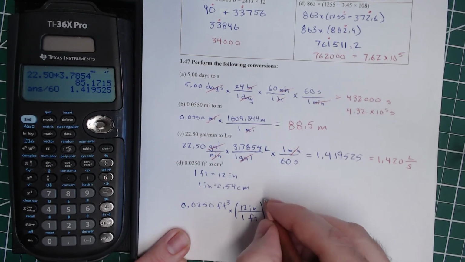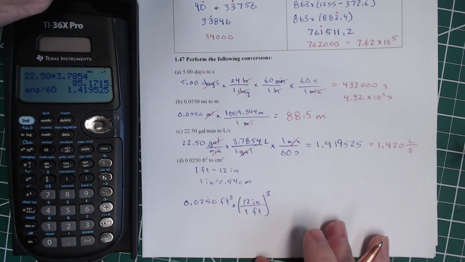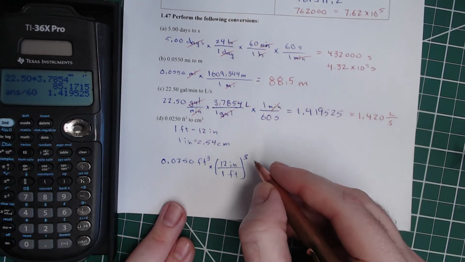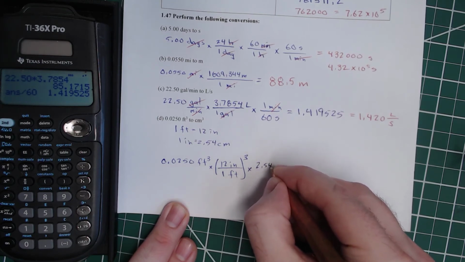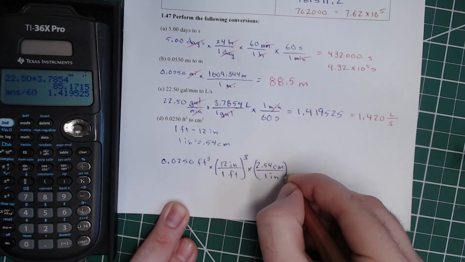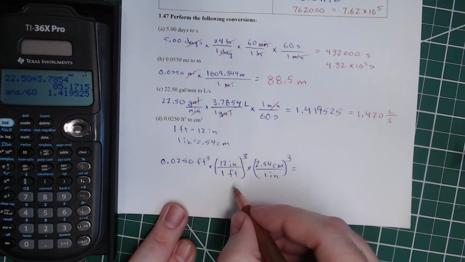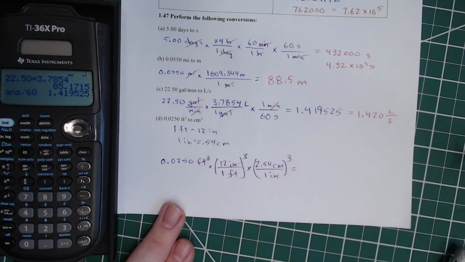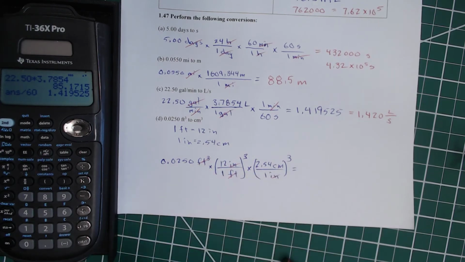And since this is cubed, we're going to want to cube that conversion factor. And then we'll do the 2.54 centimeters over 1 inch. And we'll also want to cube that conversion factor. And you'll see cubic feet cancel out and our cubic inches will cancel out. We do need to remember to cube those numbers that are inside those parentheses.